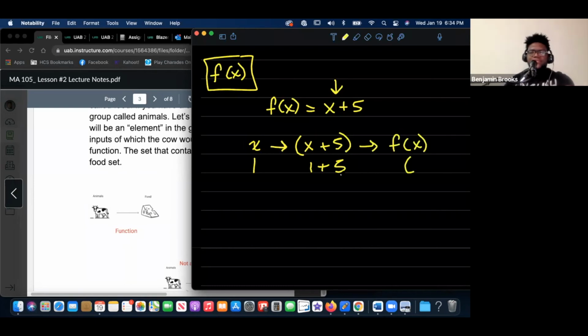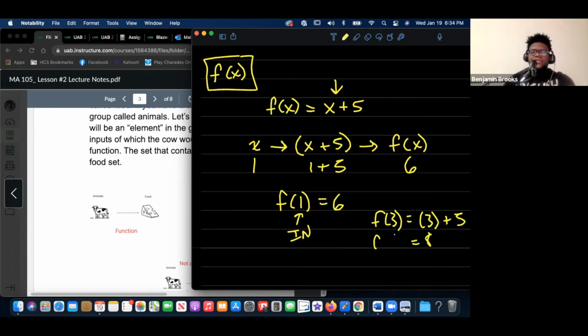So we can say f of 1, in other words, if I input 1 into my function, is equal to 6. And that's it. For example, if I said, what is f of 3? Well, that would be 3 plus 5, and that would be 8. So f of 3 equals 8.